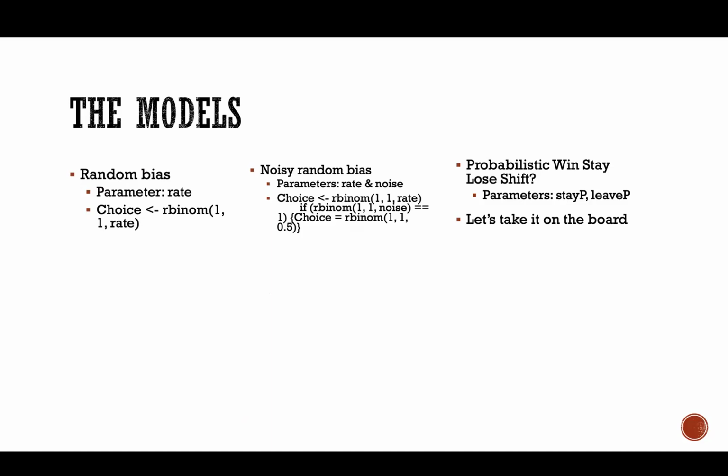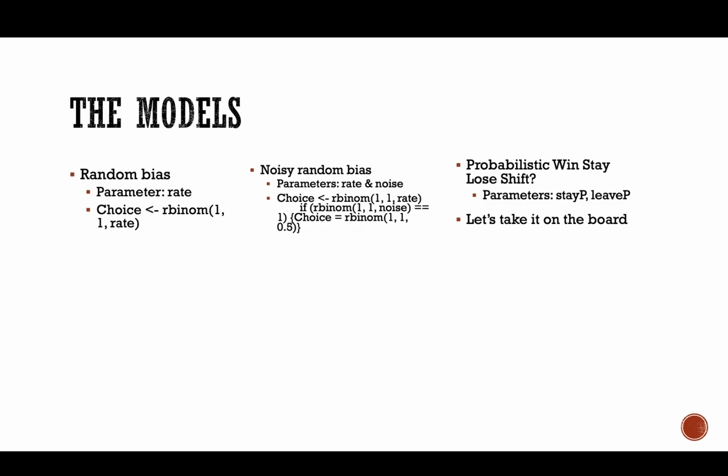Because we want to shift, right? If we played left, we should increase the probability of playing right. If we played right, we want to decrease the probability of playing right. Does that make sense?